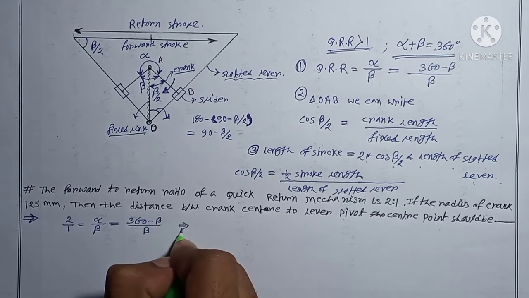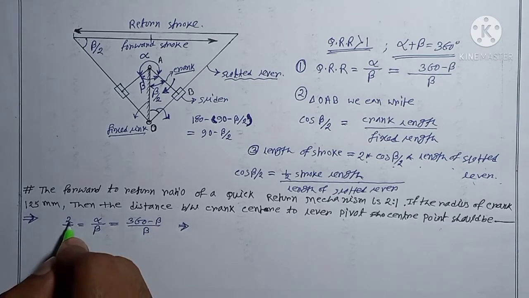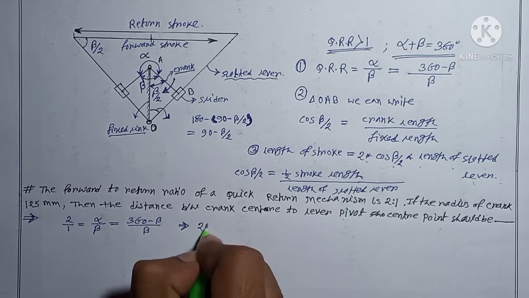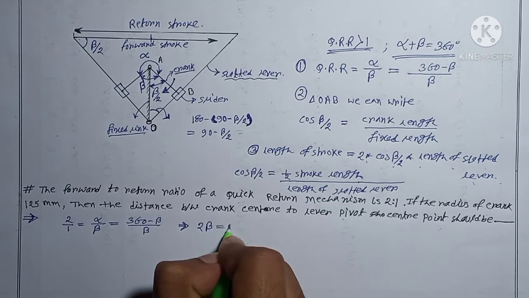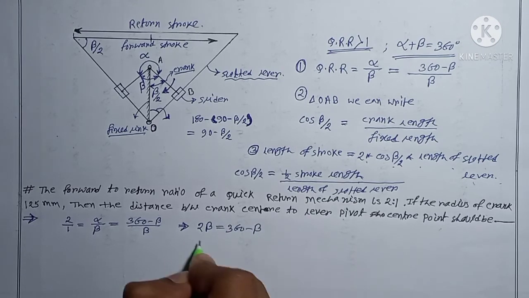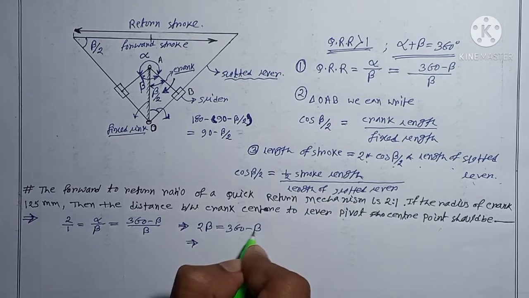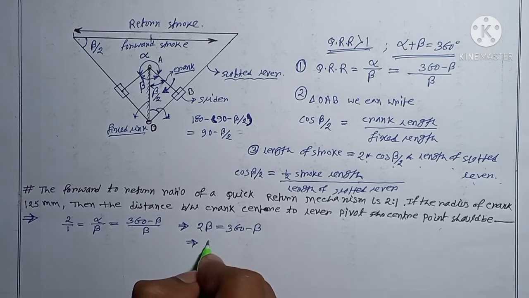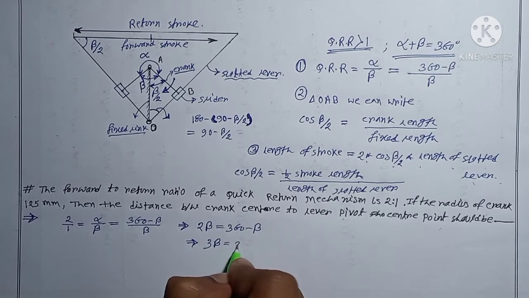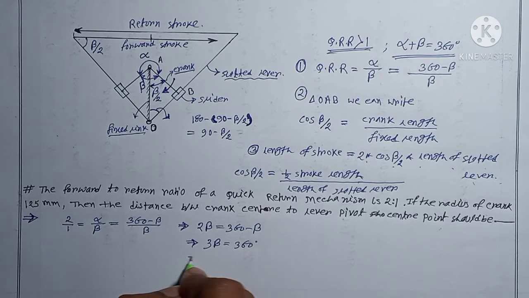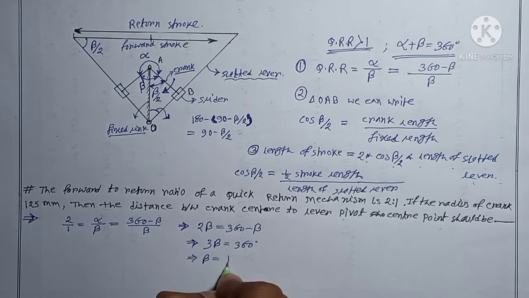So 2 times beta is equal to 360 minus beta, and taking beta to this side, 2 beta plus beta, 3 beta is equal to 360 degrees, or beta is equal to 120 degrees. So we get the value of beta.